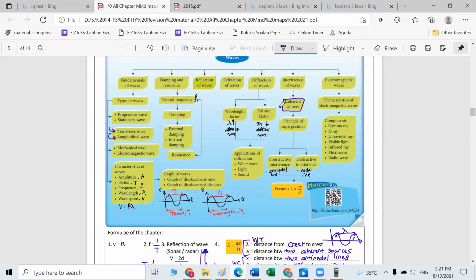What is coherent sources? Yeah, Wenzhen.